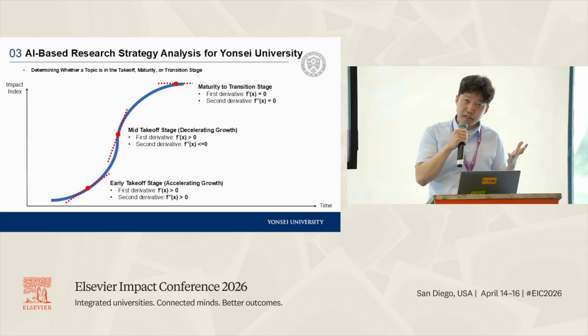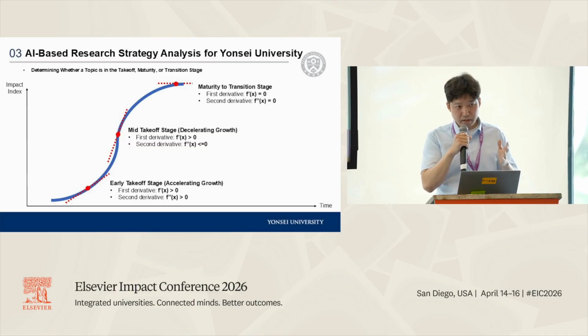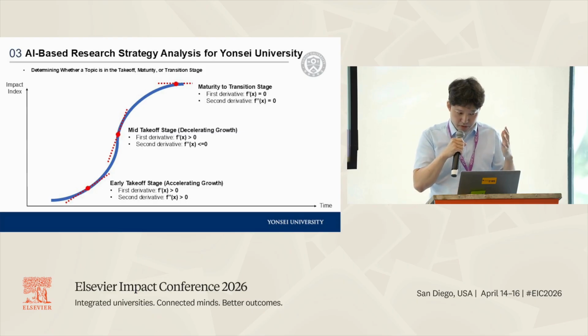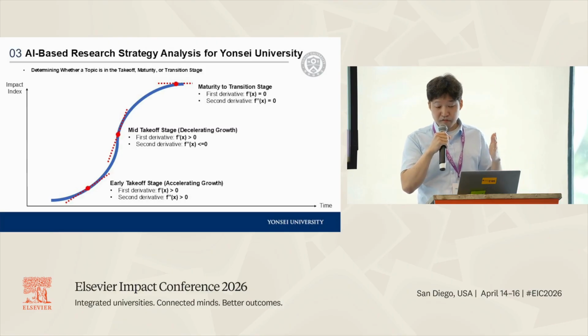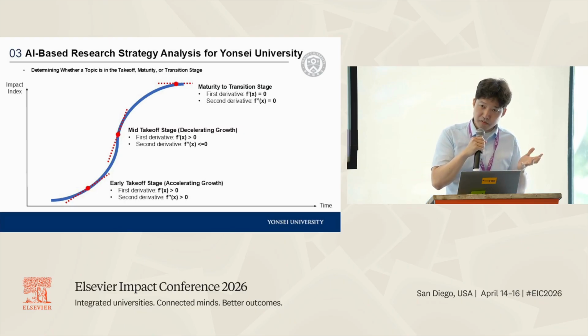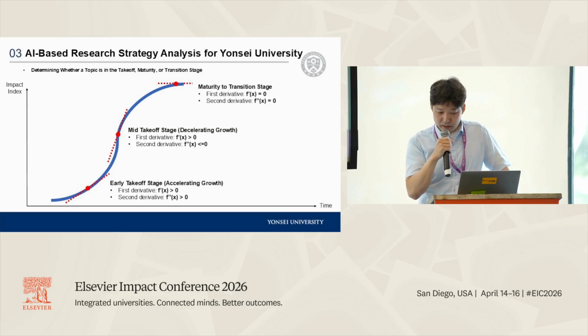While first derivative sounds complex, it is essentially calculating the gradient, the slope of impact index from 2019 to 2024. If the gradient is positive, then the topic is initially classified as being in the takeoff or maturity. And if the gradient is negative, the topic is in a decline or transition stage.